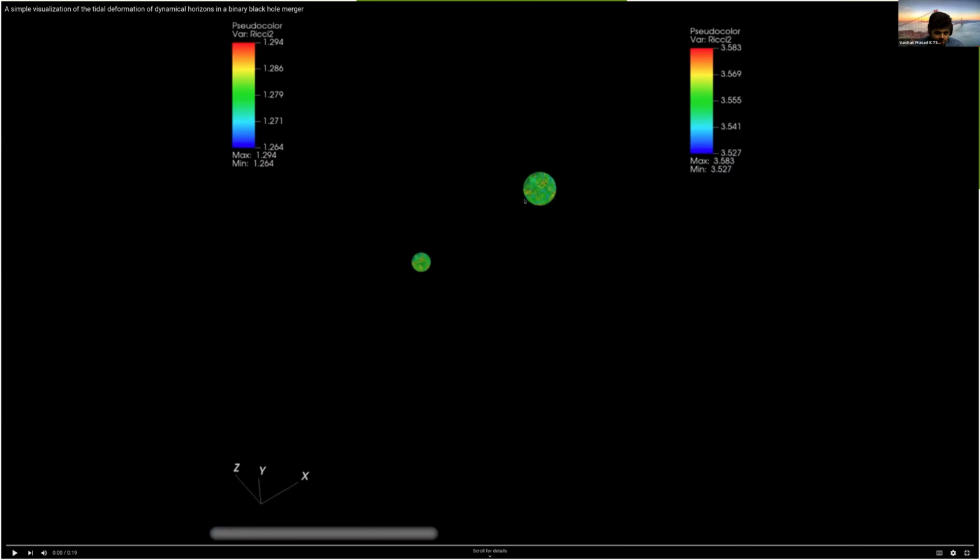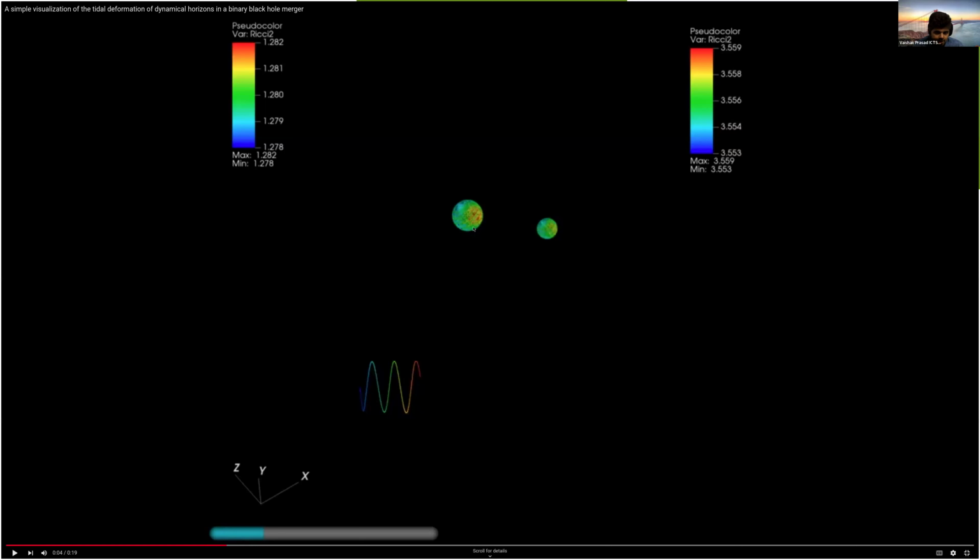So these are the apparent horizons of the black holes, which are basically cross sections of a dynamical horizon. And what is plotted on them are the components of the two-dimensional Ricci scalars, which inform us about their tidal deformative state. And I will now play the animation. And as you can see, I'm going to pause it here. So as you can see, the region which is red is actually along the line joining the two black holes. And therefore, this tells us that hole one induces most deformation on the side which is facing it.